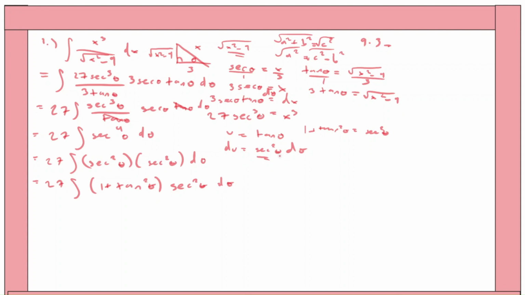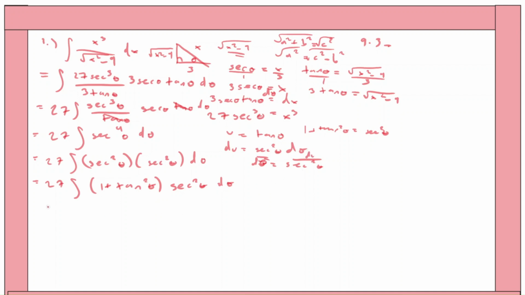And if we divide it by secant squared, we would get that d theta is equal to... sorry, it should be du over secant squared theta. So this should be that the d theta is equal to du over secant squared theta, just like normal u substitution.